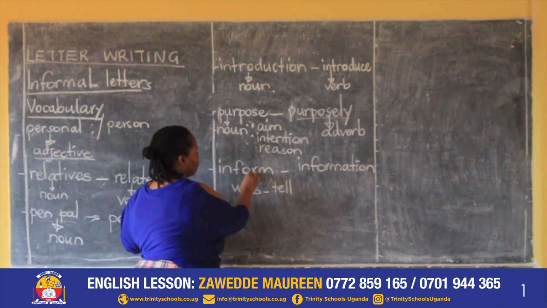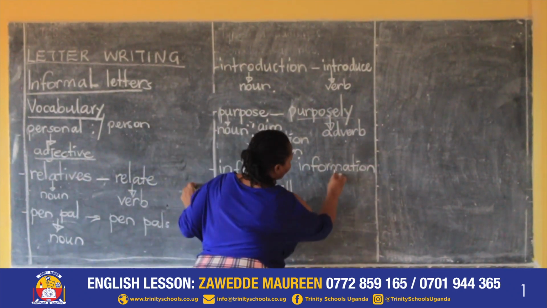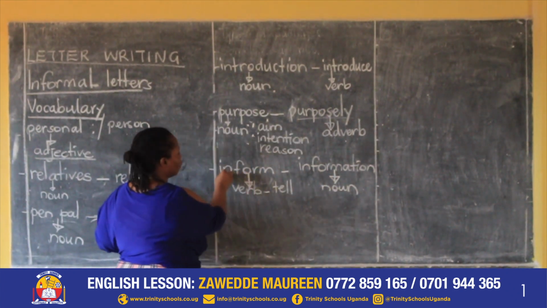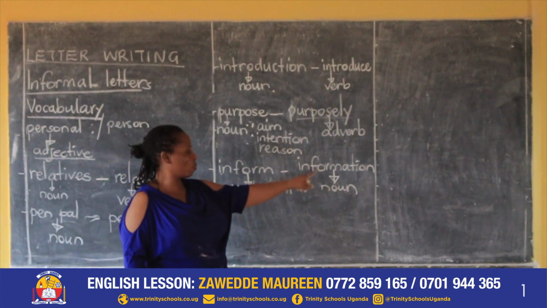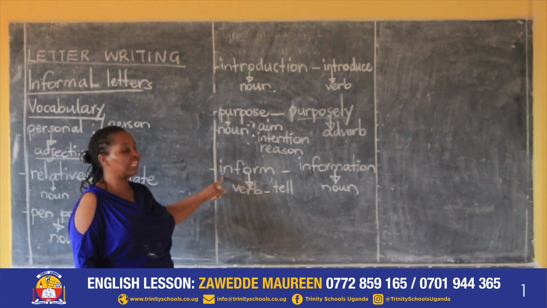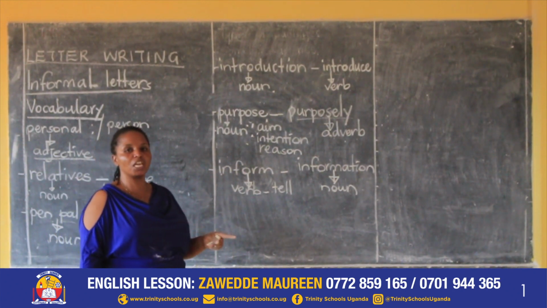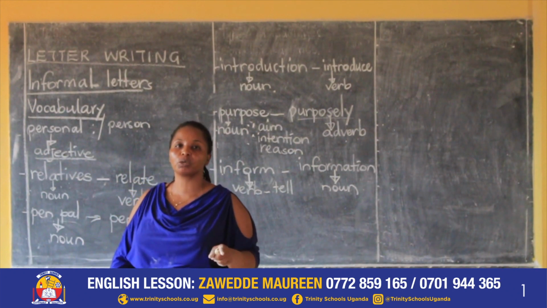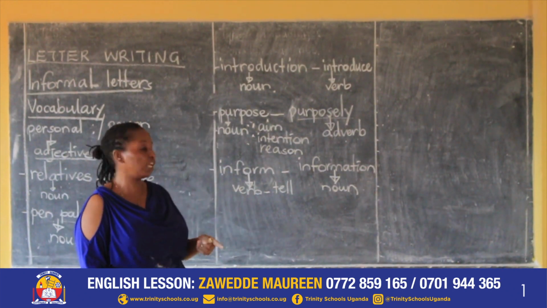So from the word inform as a verb, we have a noun, information. So I can still say, Lisa informed me that she will not be able to attend preps tonight because she is sick.